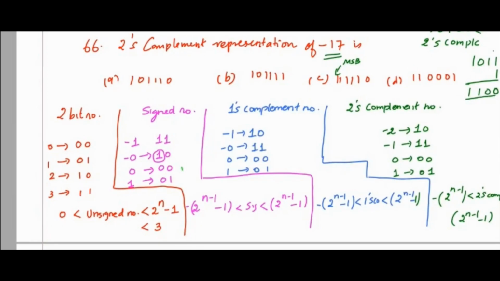In a similar way, we can do it for the above number, minus 17. Okay. If I need to find the 2's complement for 0100, first you have to take the 1's complement, then you have to add 1.